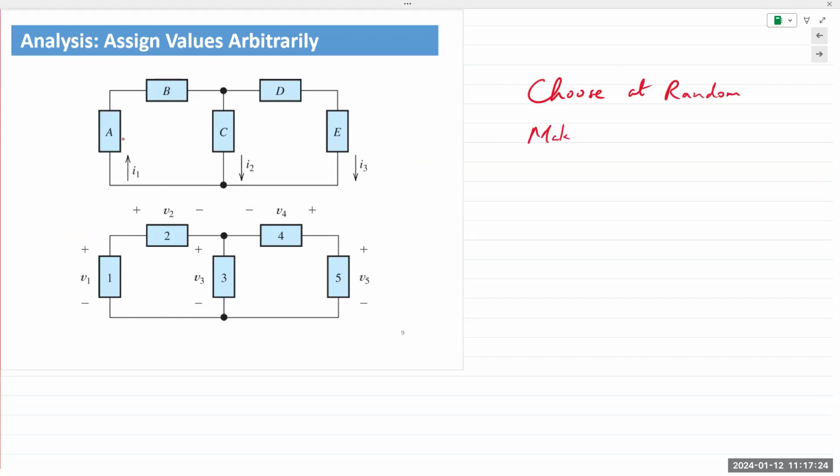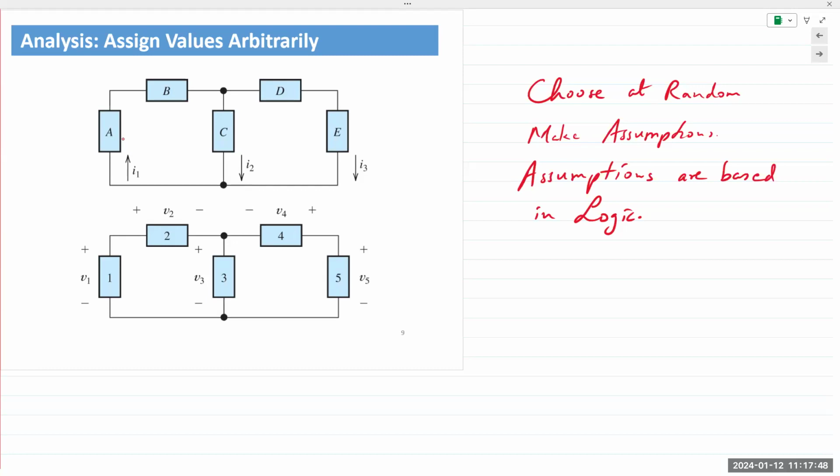You make assumptions, but those assumptions are based in logic.